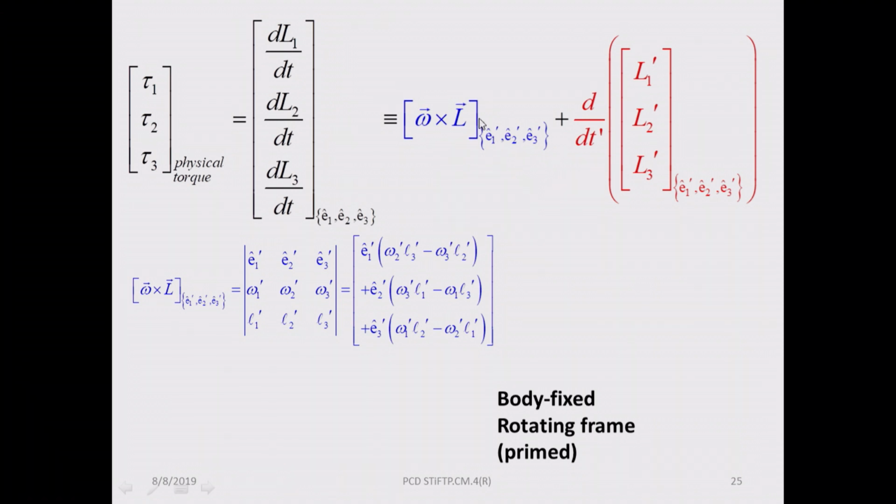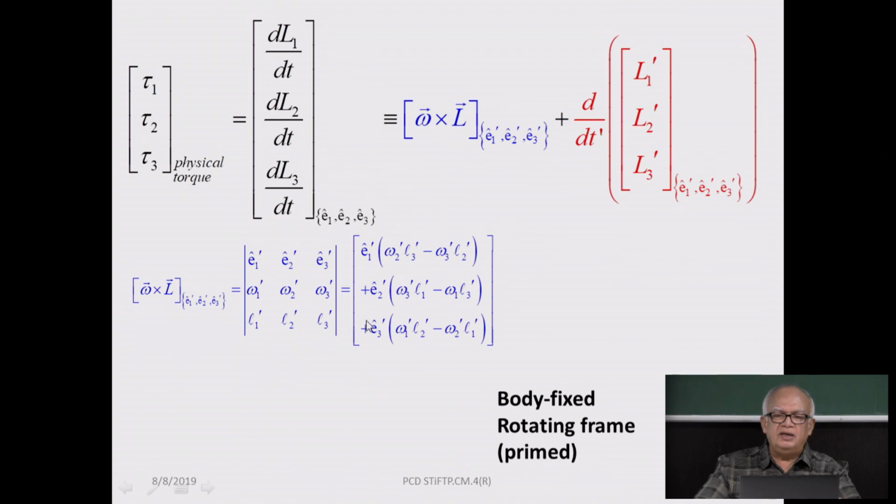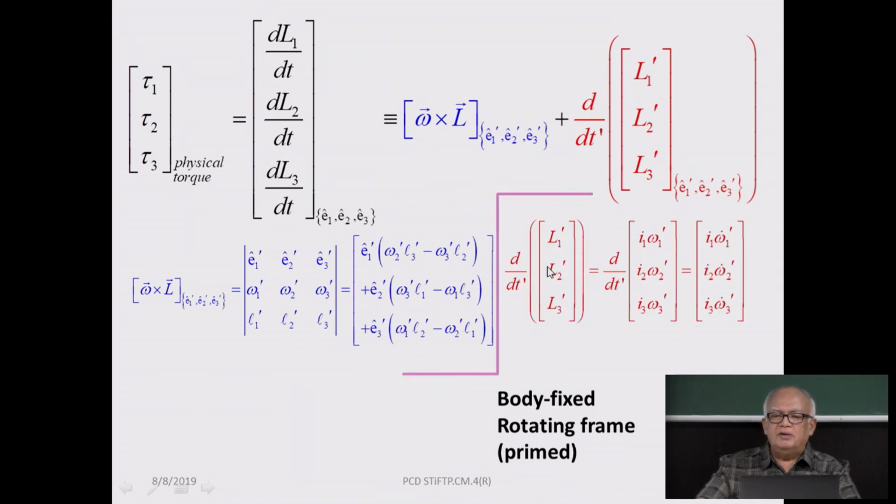So this is the first term, which is the blue term, which is the cross product of omega and L. So I determine this cross product in the eigenbasis of E1 prime, E2 prime, E3 prime. The primed frame is the eigenbasis. So in this, I can express this cross product, and in the same frame, I can write this expression for the pseudo torque. Okay, so I get these three components, right?